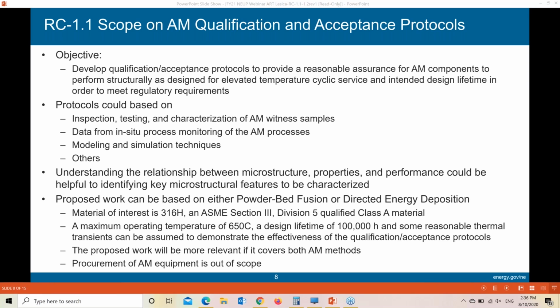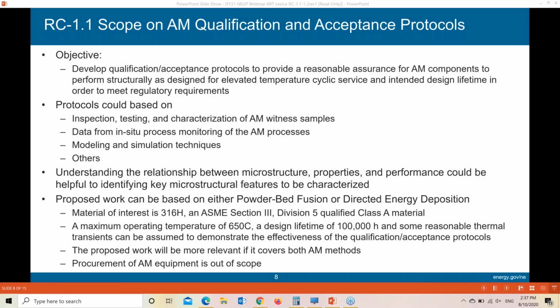Are only metallic materials being considered for AM components? What about ceramics, such as SiC? Only metallic, and for demonstrating the qualification and acceptance protocols, we will only look at 316H grade. For RC 1.1, do you expect to perform a HIP operation after PBF or DED?